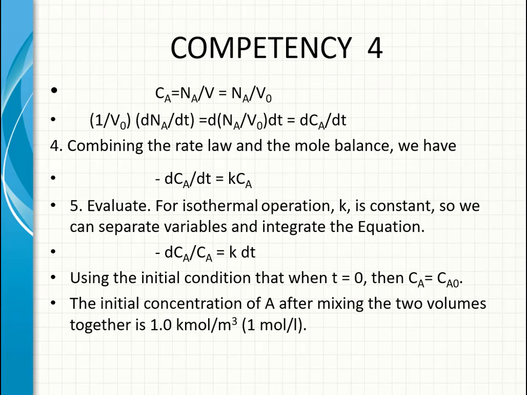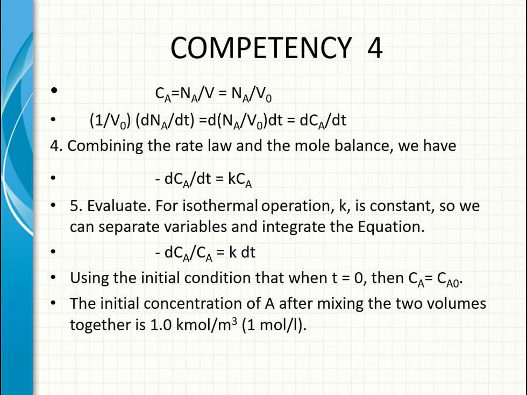From the expression of the mole balance, we will have 1 divided by V0 dNA divided by dt, which is the Na divided by V0, but this is the concentration, so it's going to be dCA divided by dt, and that's the rate.